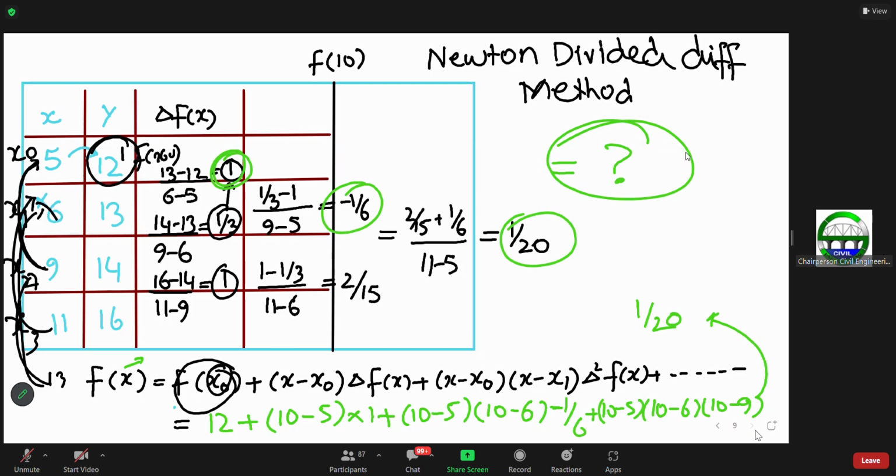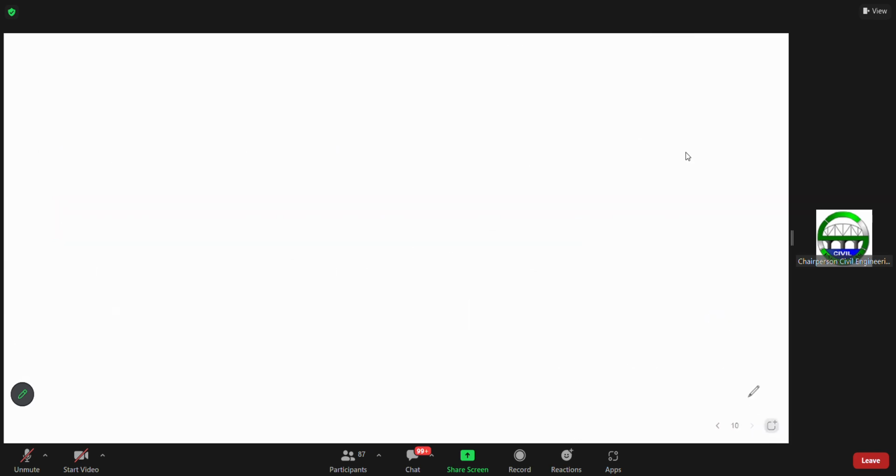Okay, so our next question is the same, but it is more focused on the Lagrange method, making the polynomial using Lagrange methods, and then we have to find values.